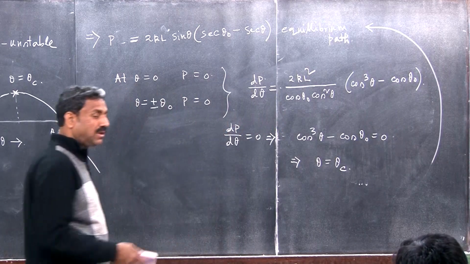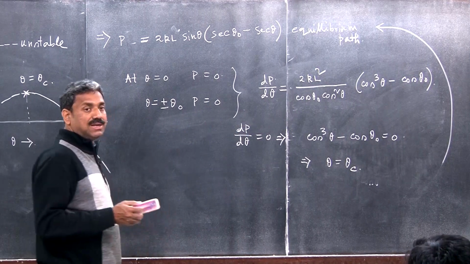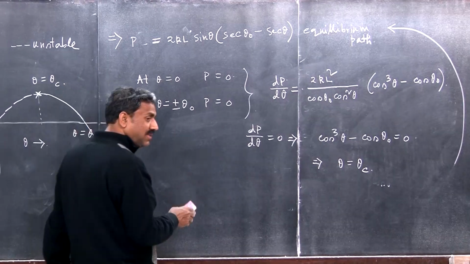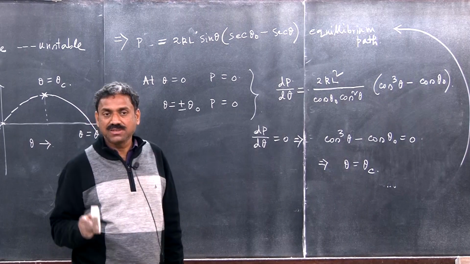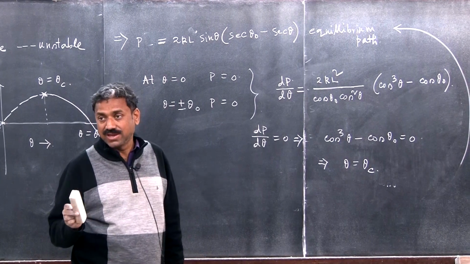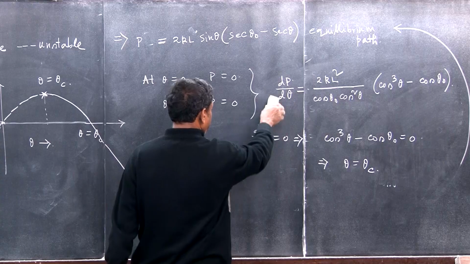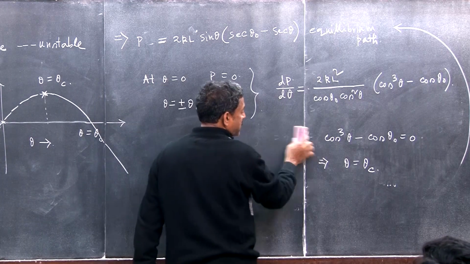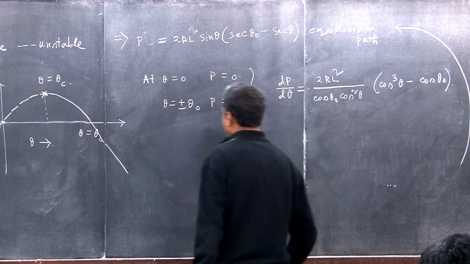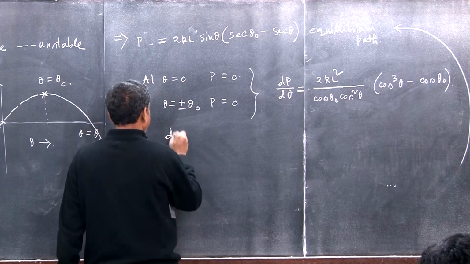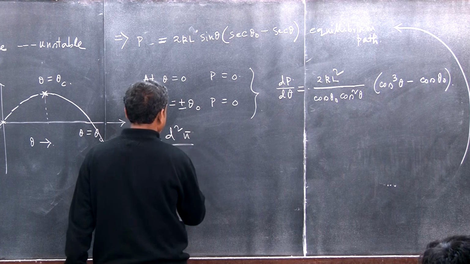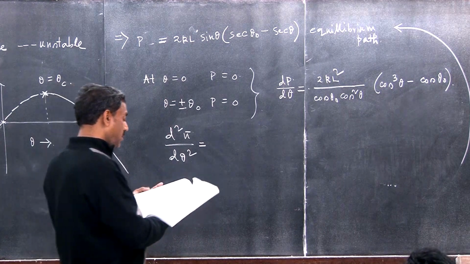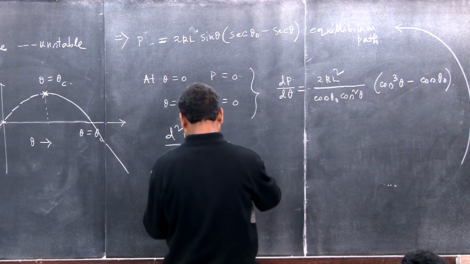Now you may still recall that dp d theta is nothing but d2 pi d theta 2, right? Here it will be the same expression, but only there is a change in sign. So please note it down, dp d theta. And if you try to find out d2 pi d theta 2, I am just writing the expression just to save time.